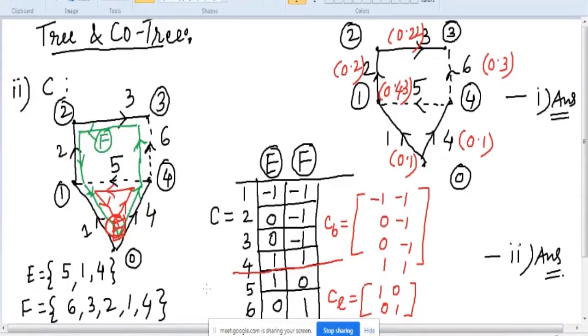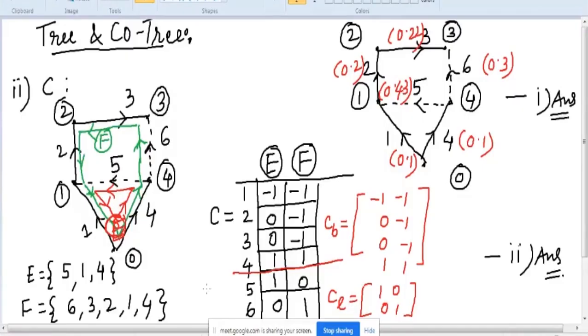I don't think we have worked out the A matrix, so we need to work it out. Can anyone reply on the chat box whether we have calculated A or not? What is A? A is the bus incidence matrix, right? So have we calculated the bus incidence matrix?